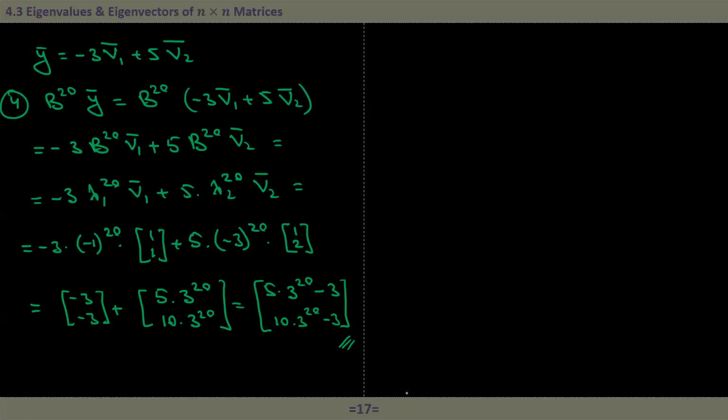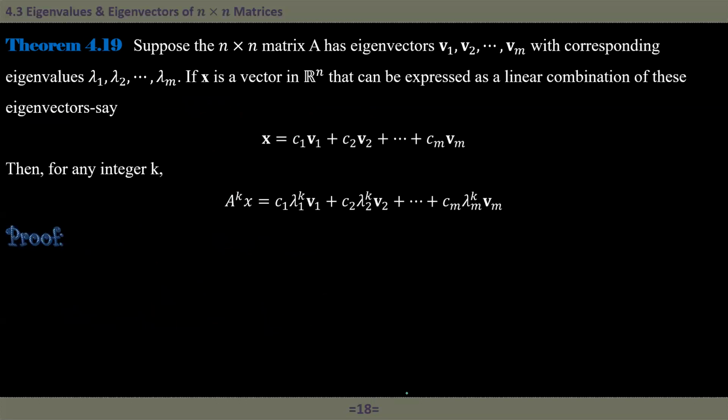All right, now I'm going to finish this video with two theorems here without proof. Theorem 4.19: suppose the n by n matrix A has eigenvectors v1, v2, dot, dot, dot, vm with corresponding eigenvalues lambda 1, lambda 2, lambda m. And also it says that if x is a vector in Rn that can be expressed as a linear combination of these eigenvectors, so here we have a condition.